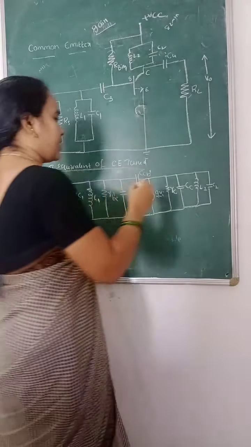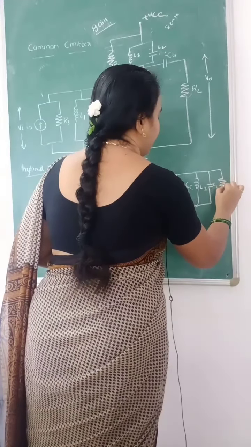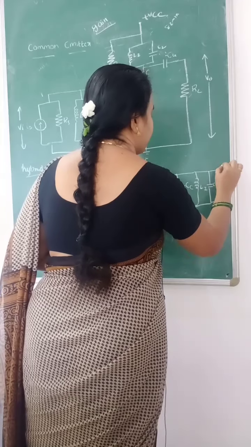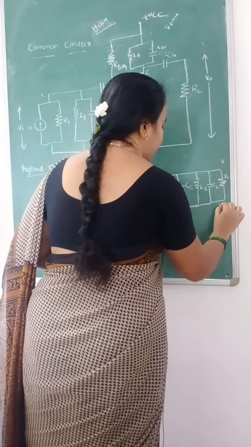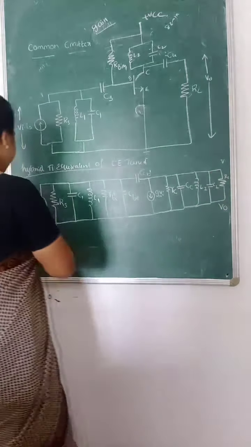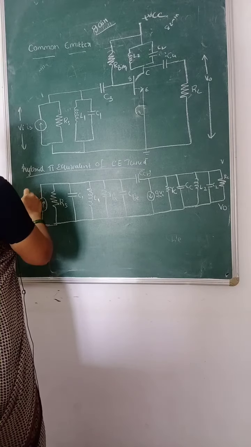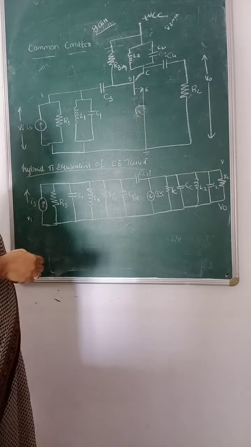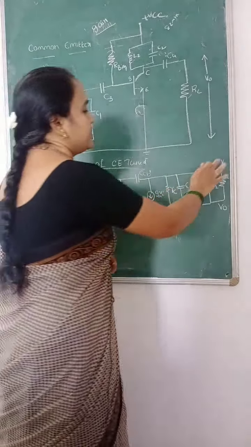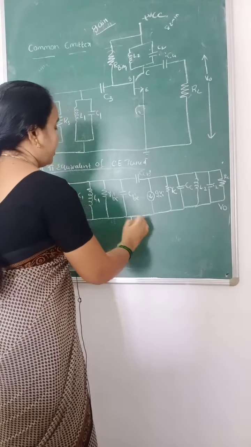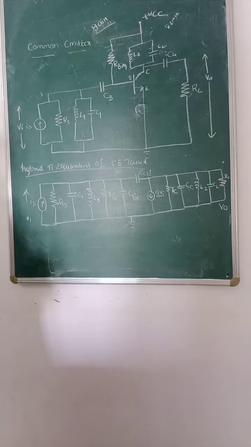And in the output circuit we will have the load resistance. So across the load resistance we will calculate the output voltage. Here we will have the input voltage. So this is the pi equivalent circuit of common emitter tuned amplifier.